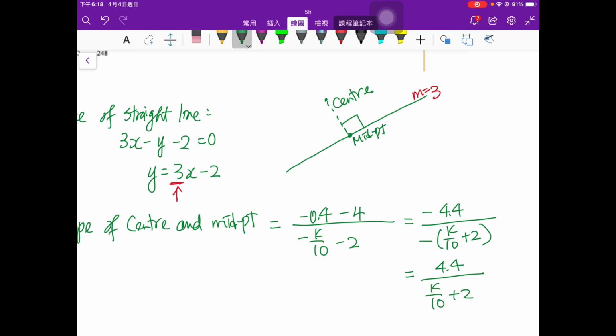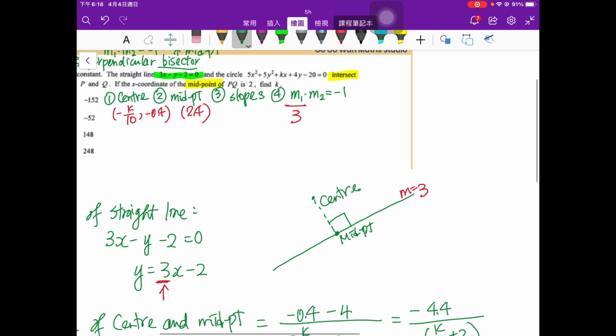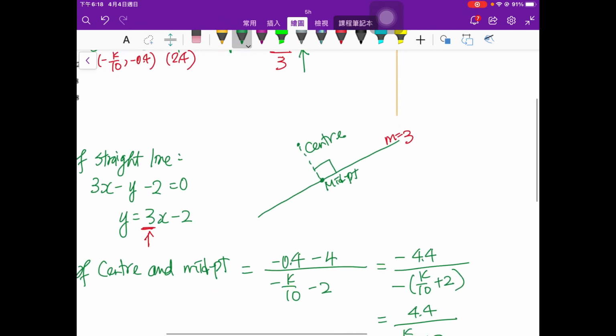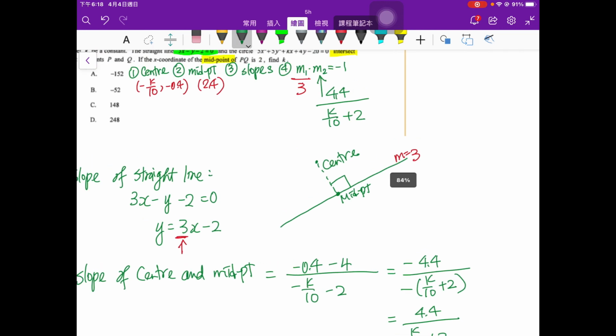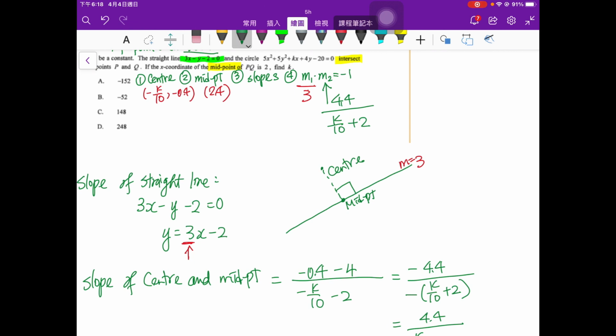We can get the second slope is 4.4 over (k over 10 plus 2).